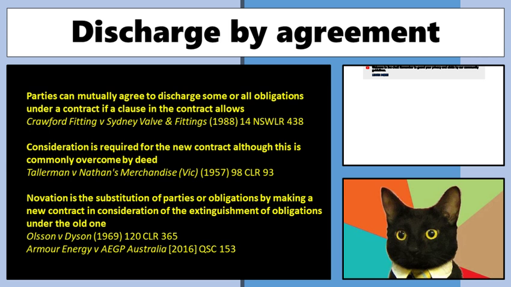What's the consideration that we're offering? Each of us is offering to discharge the obligations under the original contract. That is what we're offering. Whether or not some additional amount might be paid by one party to the other, that's up to the two parties to determine between themselves. All right, that's the straightforward way that contracts can be discharged through agreement.